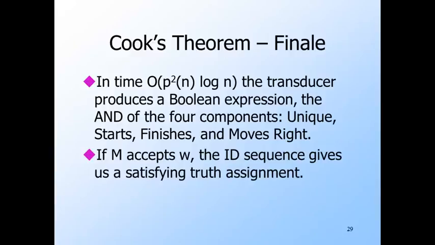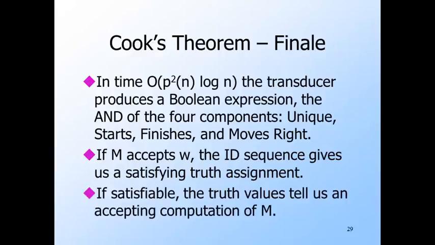Imagine the p(n)+1 by p(n)+1 matrix of the x_ij's. The accepting sequence of IDs lets us fill out this table correctly, giving the value to x_ij that reflects the sequence. The expression we constructed will be satisfied when we assign to the propositional variables y_ija the truth values implied by this choice of x_ij's. So if M accepts w, then the expression is satisfiable.